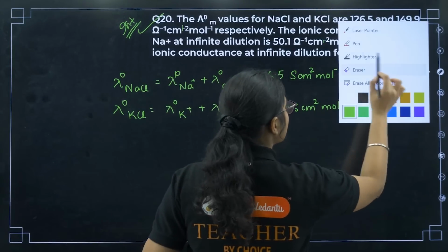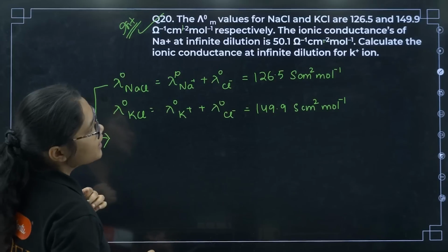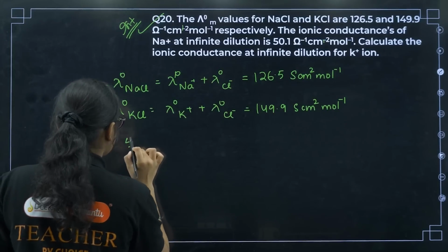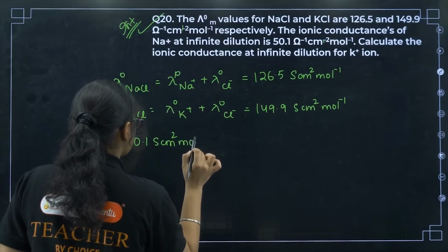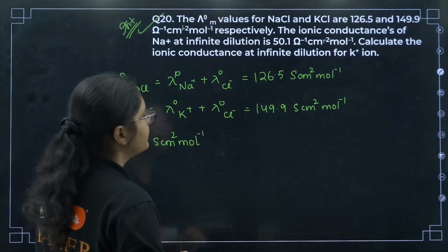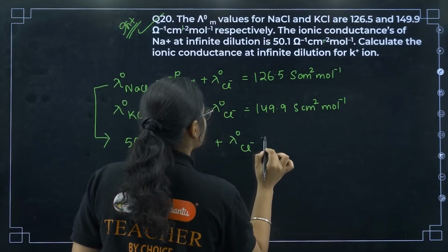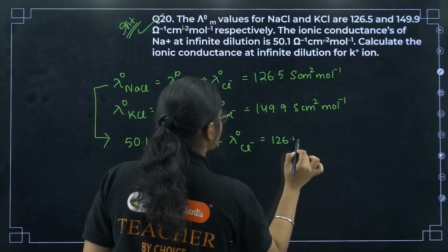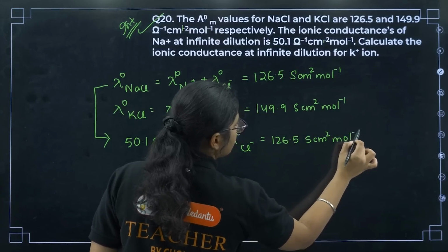In this equation, I am substituting 50.1 S centimeter square mole inverse, plus Cl minus is equal to 126.5 S centimeter square mole inverse.